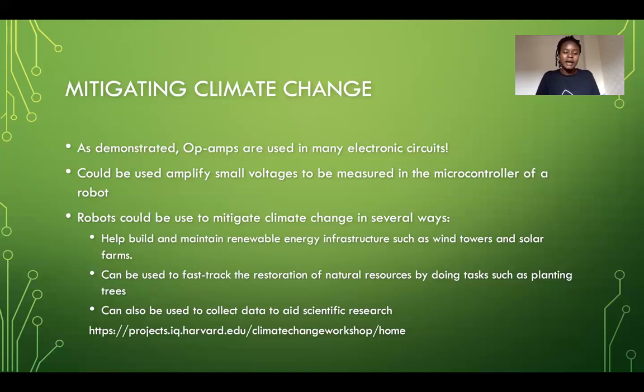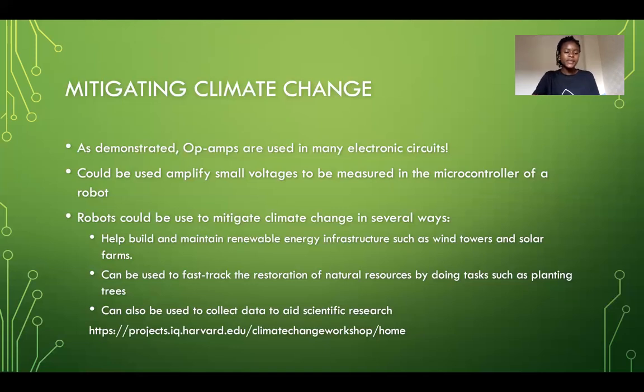And so, one thing that engineering can be used for is to possibly design a robot that can collect data in even certain environments that humans may not be able to go to. We can design robots to do that, and hopefully get a better idea about the effects of climate change and ways to mitigate that.